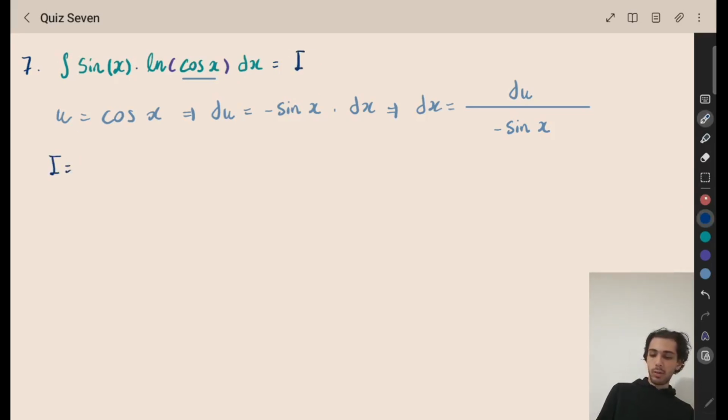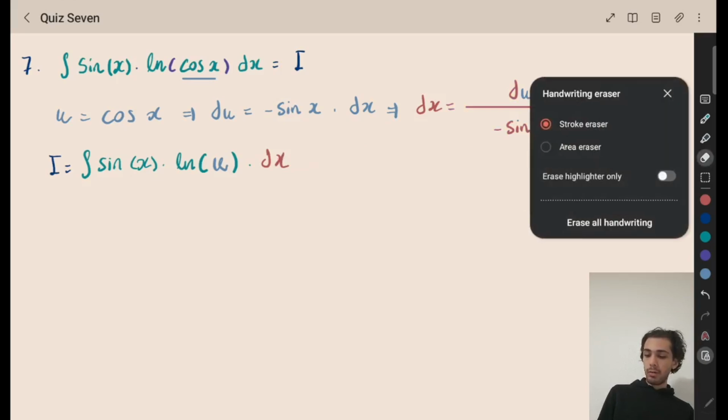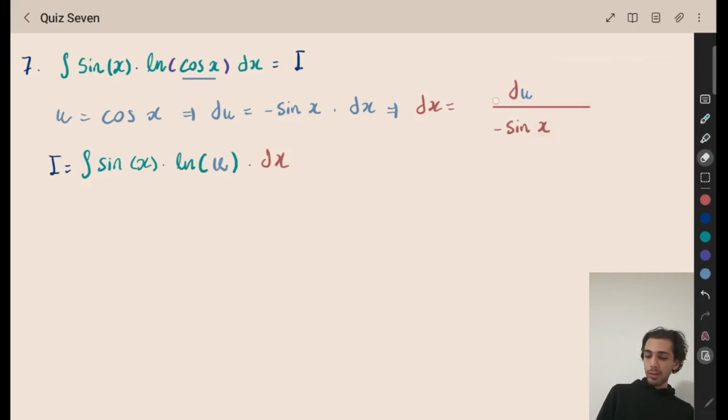Okay, then this is I. Then I is equal to the following. We have sine of x, and then ln of cosine of x, which is u. But then instead of dx, I will write du divided by the sine of x.